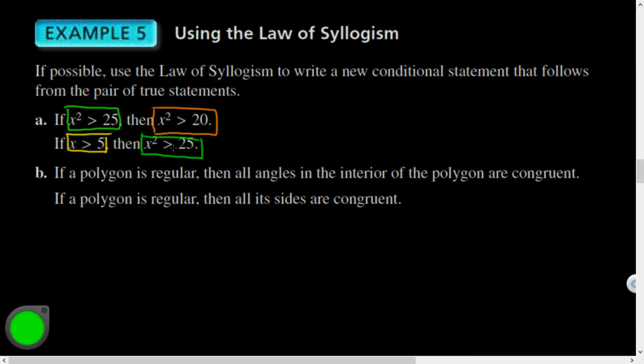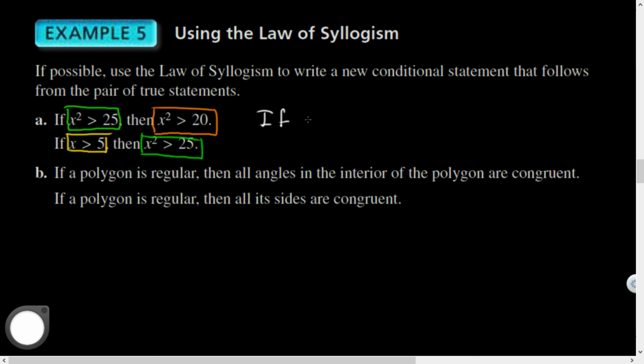So which way can I chain these up? I can write what? If... which one do I start with? Which hypothesis? It's going to be the second one, because its conclusion is the first one's hypothesis, right? Because it's if this, then that, if that, then this.